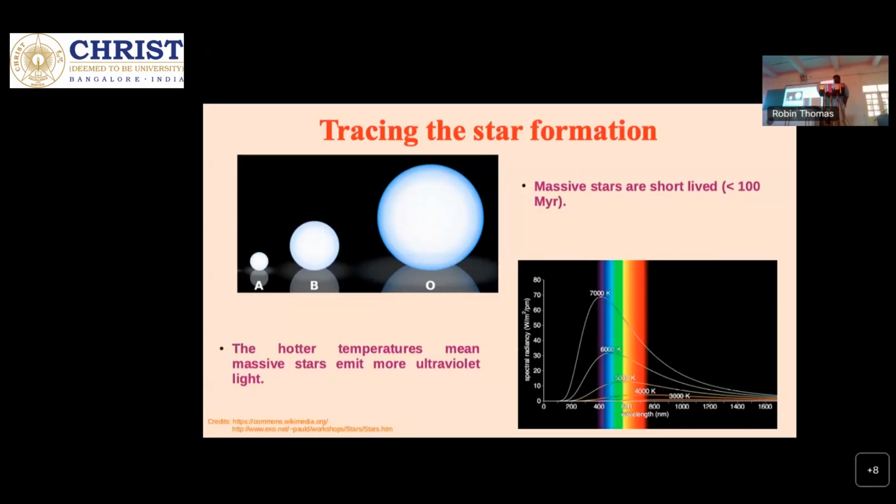We can consider that as light coming from stars formed within the last 100 million years. If we can quantify it, we can connect it with the star formation that happened in the last 100 million years. That's what we are trying to do. I think the idea is clear. Since the age is lesser, whatever light we get, we consider it as coming from recently formed stars.